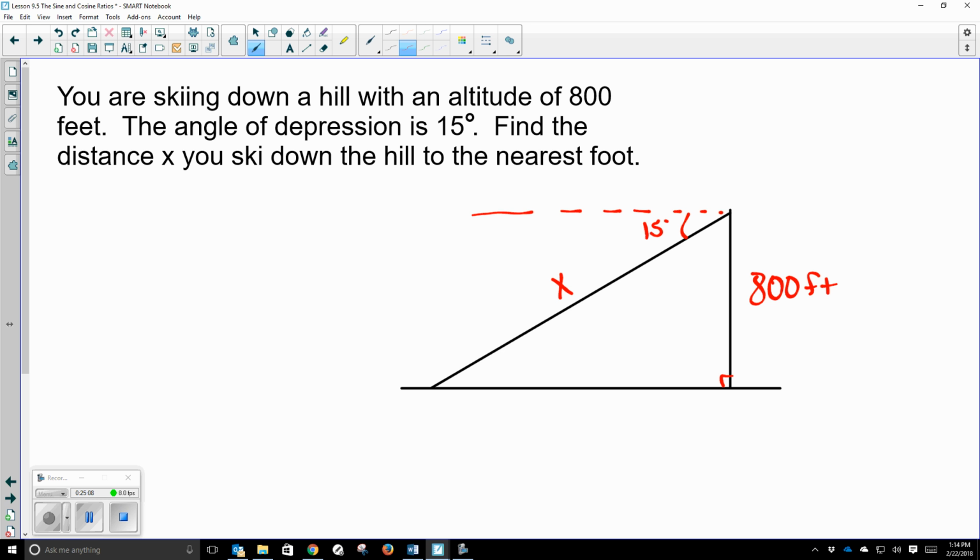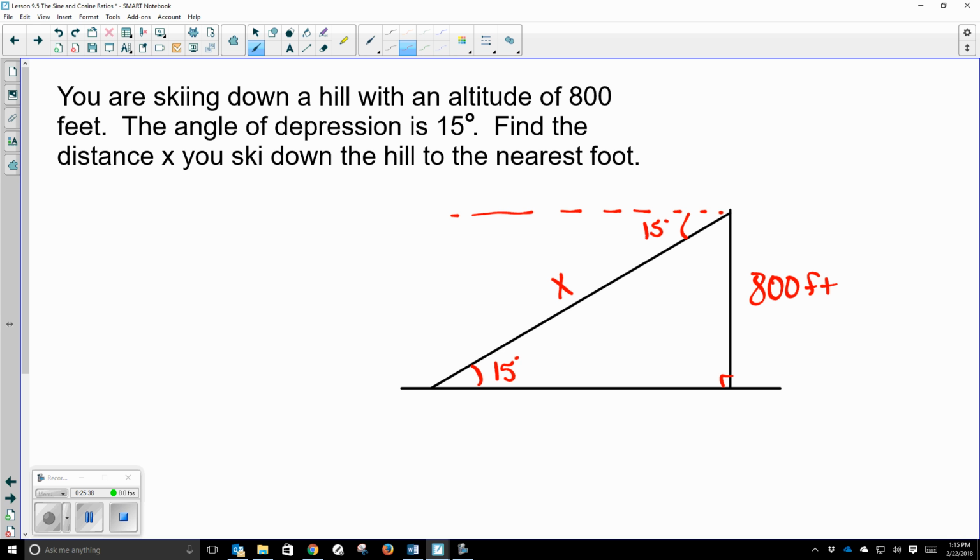Here's my triangle that I'm using. I'm going to use parallel lines cut by a transversal to see that my angle of elevation is the same as my angle of depression. You could always make your parallelogram though, and you could use that. It would still work. I just like to use the angle of elevation if I can, which is the same.